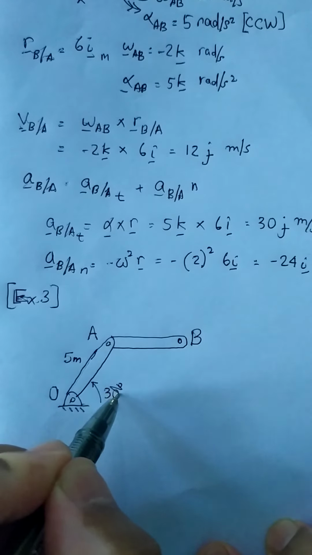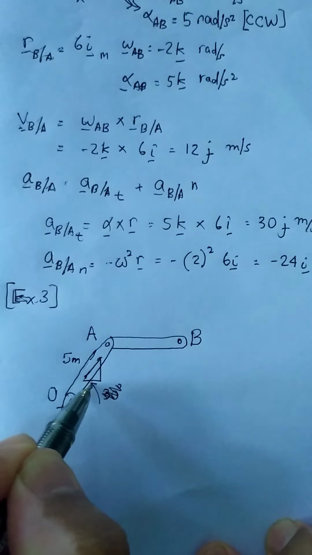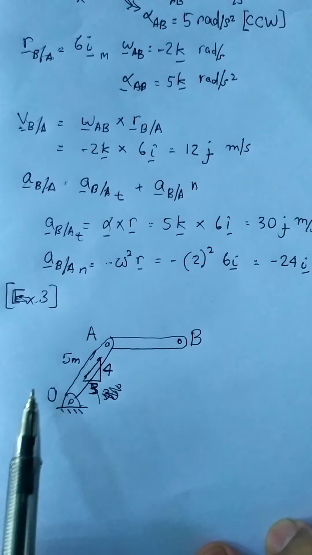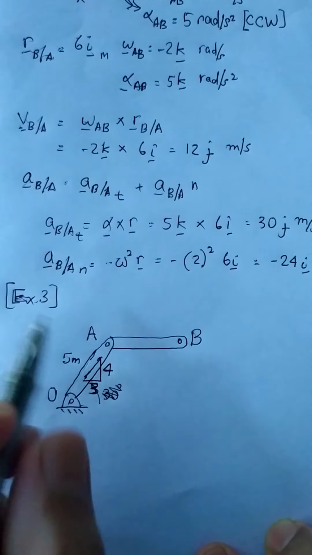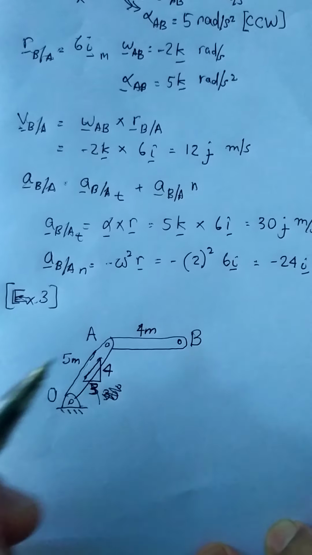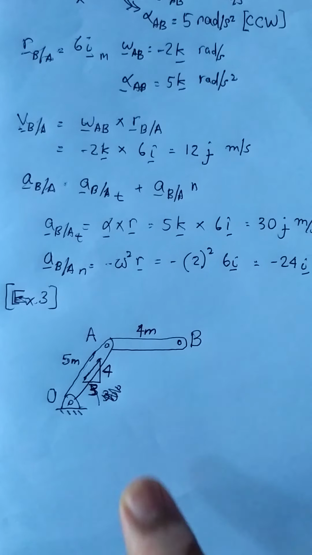That's not 30 degrees. Let's take it as a 3, 4, 5 kind of gradient. So 3, 4, 5 is a well-known Pythagoras triple. And let's say the distance between B and A is 4 meters. So you have this condition of OA and AB. AB is purely horizontal, and OA is given in the position of a right angle triangle at 3, 4, 5.